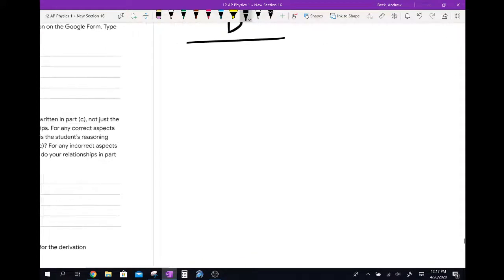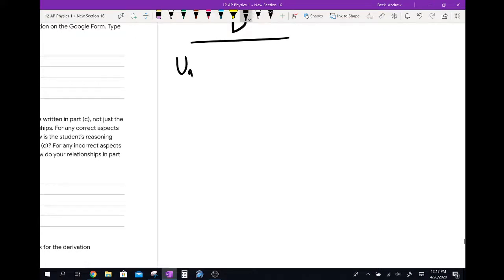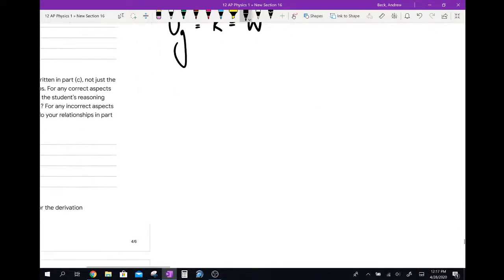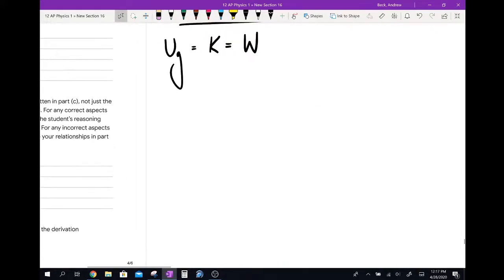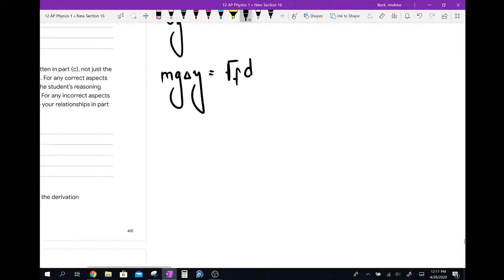So here we can say, well, we started with the situation that the UG is equal to the kinetic energy is equal to the work. And let's just focus on one at a time. We said here that the potential energy is mg times delta y is equal to our work, which is the force of friction times the displacement.